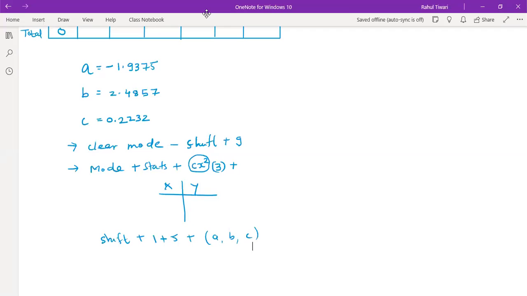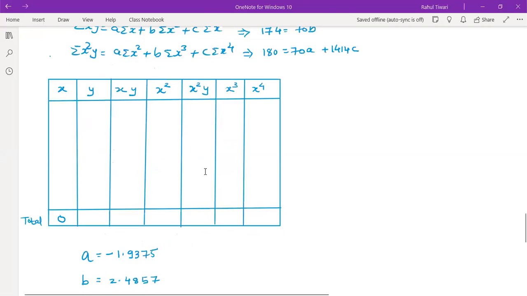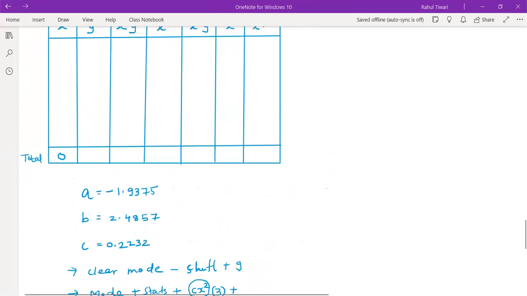So this is the way you can always go about using the calculator. Now let us go to the next example, which I'm going to show you. Which was our next model?